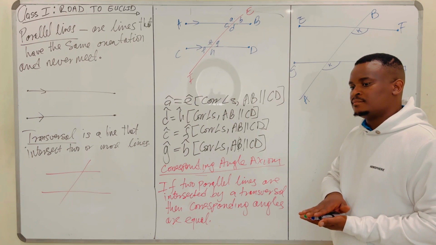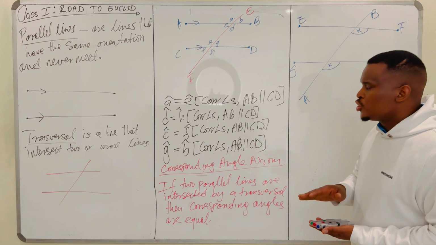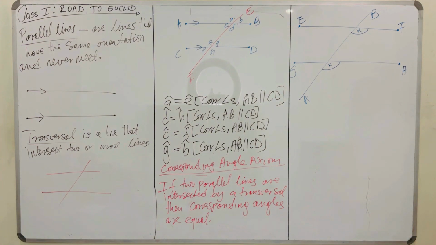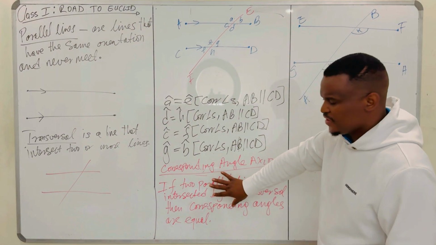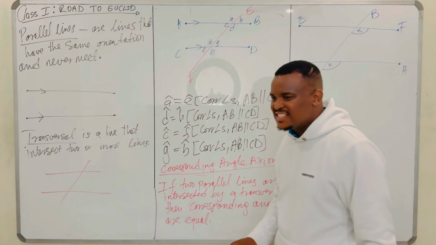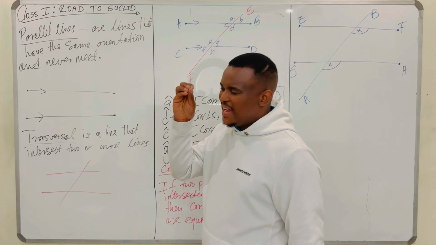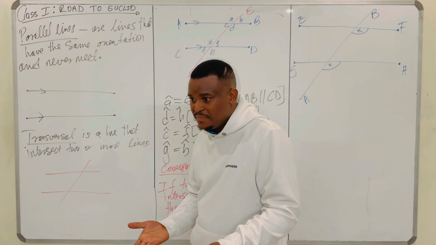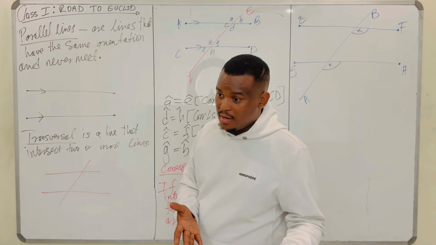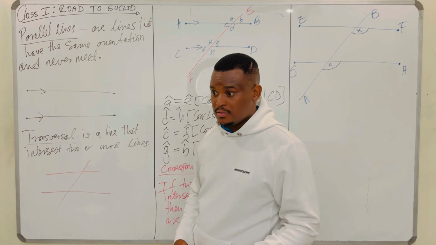No question. So, in simple terms, I'm saying if you have two lines, because this is the converse: if you have two lines that are intersected by the transversal so that the corresponding angles are equal, then the two lines are parallel.